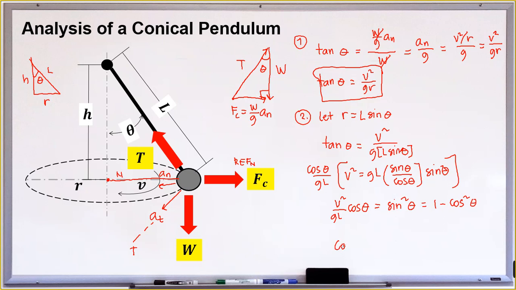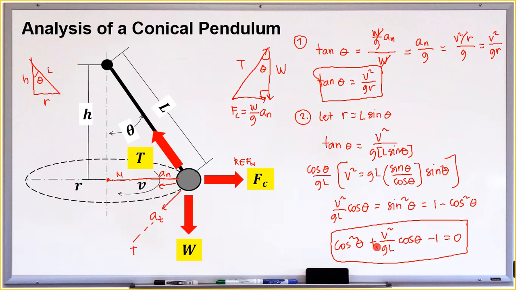So rearranging, we have cosine squared theta plus V squared over gL cosine theta minus 1 equals 0. So if you let cosine theta be x, then this equation reduces to a quadratic function. So you can now solve for x, and consequently you can also solve for theta.